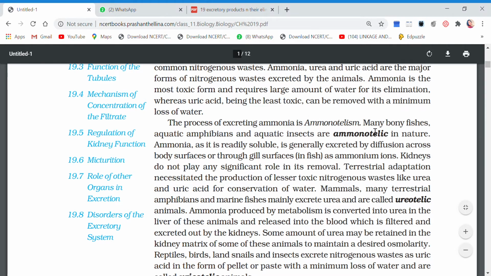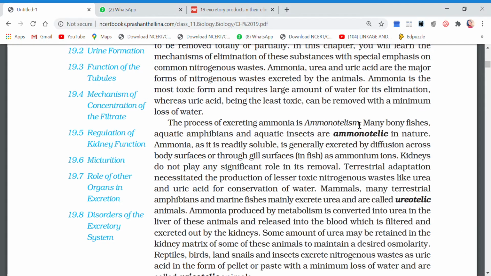So if an animal excretes the waste in the form of ammonia, then the process is called ammonotelism, and the animal is known as ammonotelic.